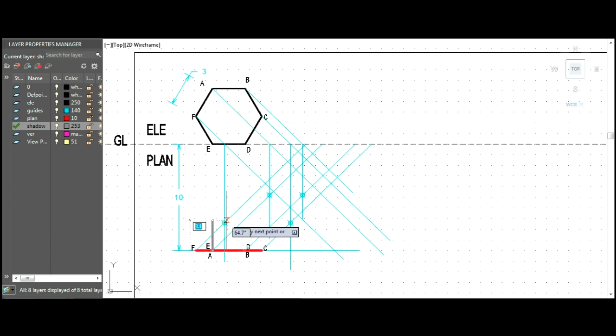From E goes to F, up to A, then to B, down towards C, back to D. You need not draw this line since the object is in plan. Okay, so this is how the hexagon casts a shadow on the horizontal plane.